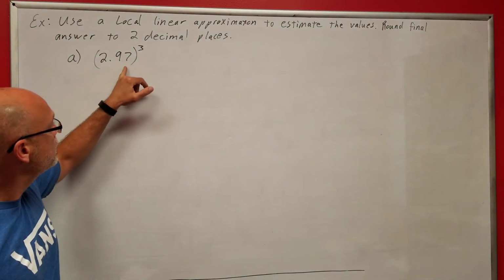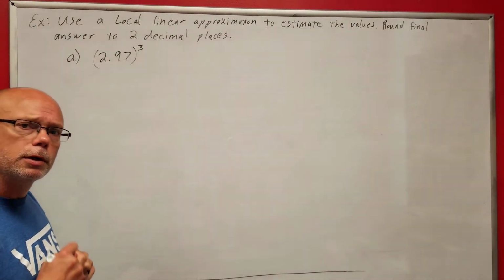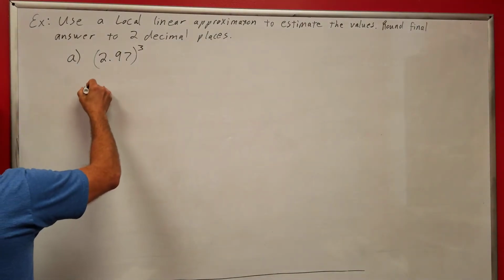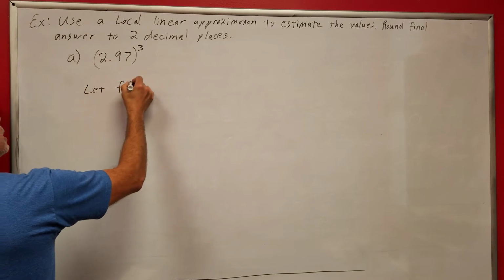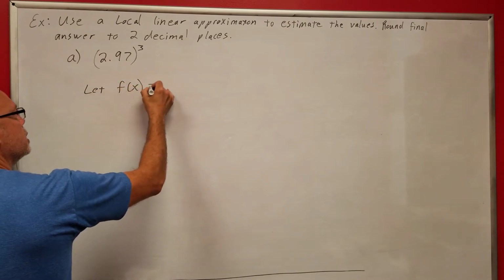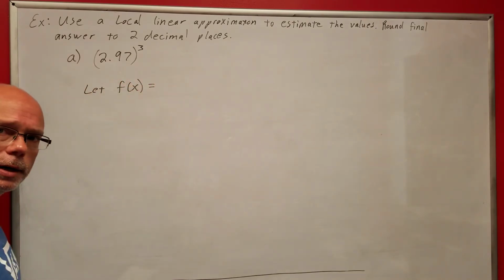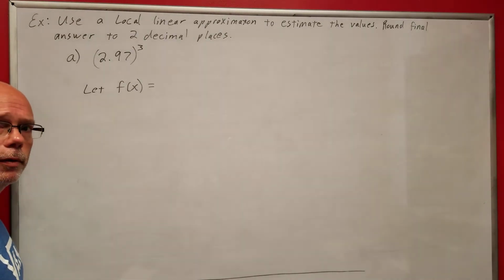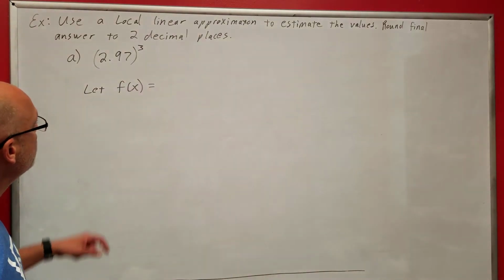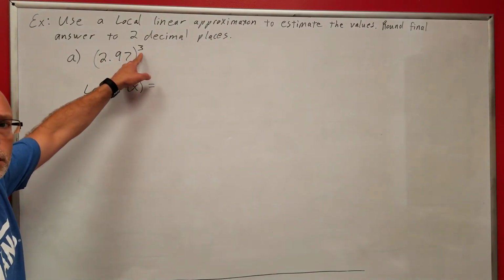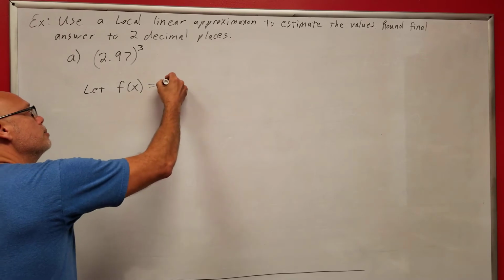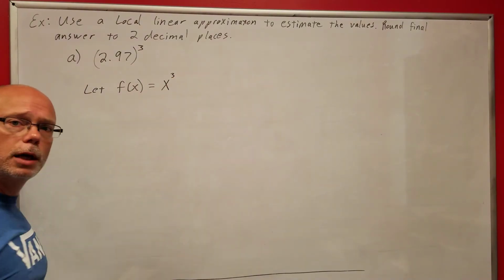But the 2.97 makes it a little more difficult, okay? So what we're going to do is let f of x be some function here. Usually in the past examples, we've been given f of x. Well, let's come up with our f of x here. What is the operation that's going on? The cubing, right? So I'm going to say let f of x be x cubed, okay?